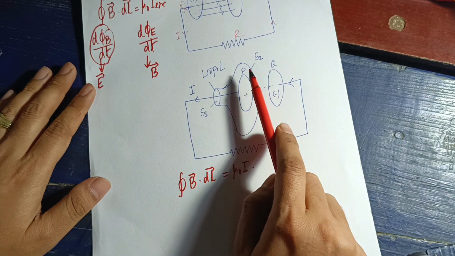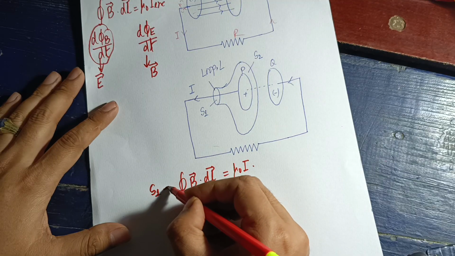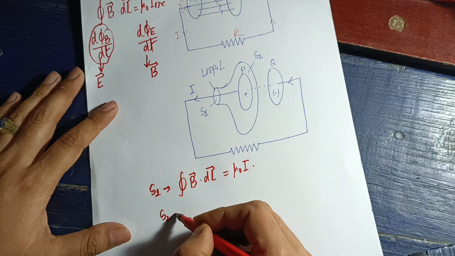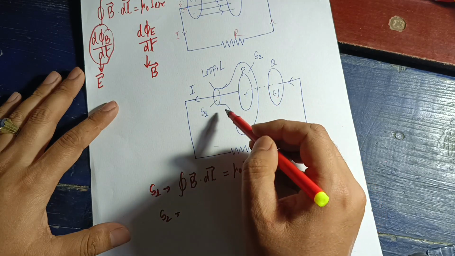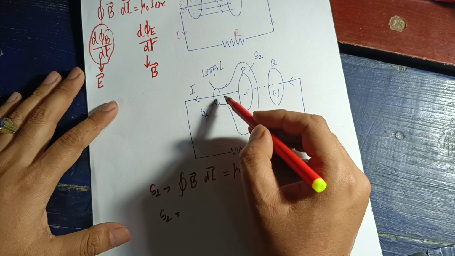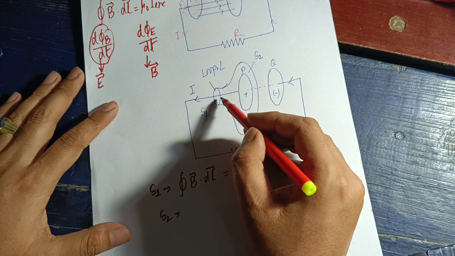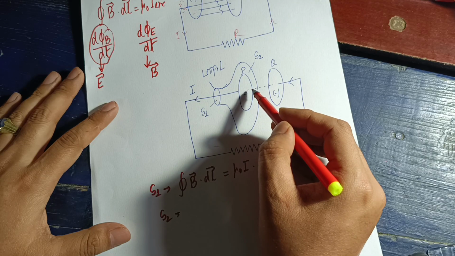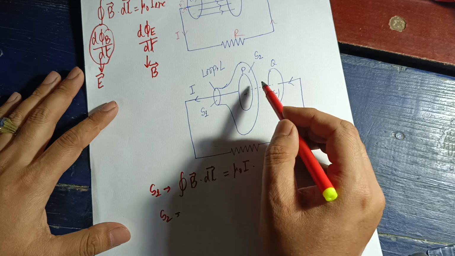So when I took this surface S2, look at this surface S2, that is the bulge portion of this pot. Through this bulge portion of the pot, there is no electric current threading. Why? Because this bulge portion of the loop is between the plates of the capacitor.